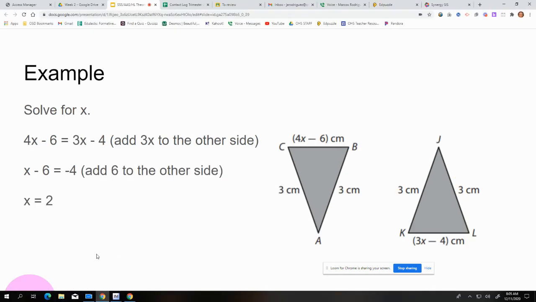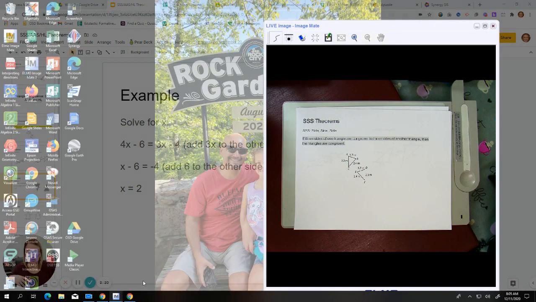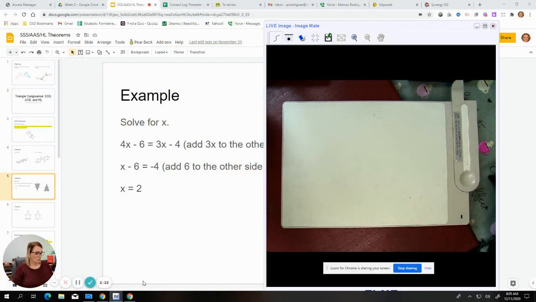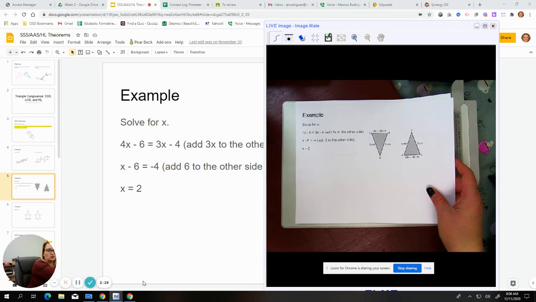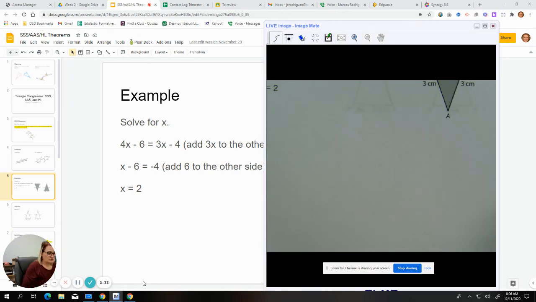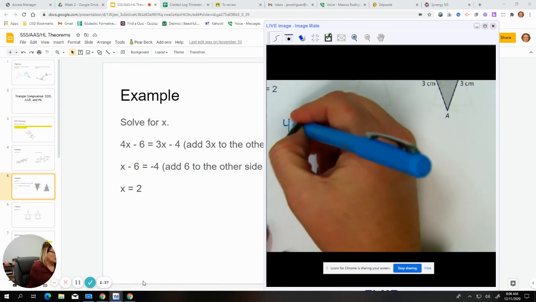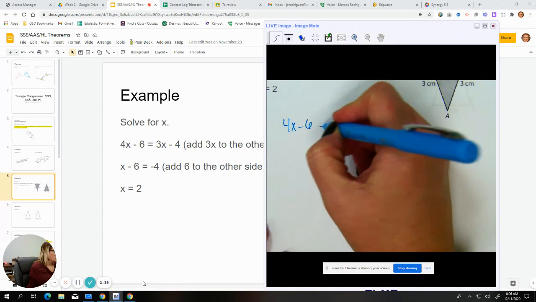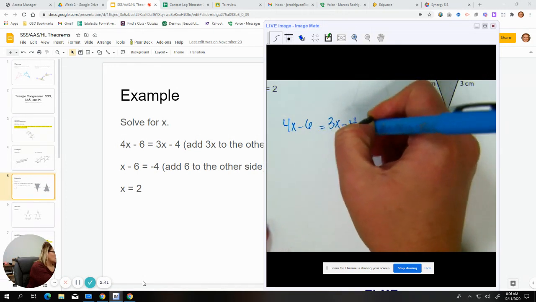Okay, I am going to pull up this other screen because I know some of you guys are more visual. And so I want to do the solving part visually for some of you if you feel like you need to have it done visually. Okay, so 4x minus 6 equals 3x minus 4.